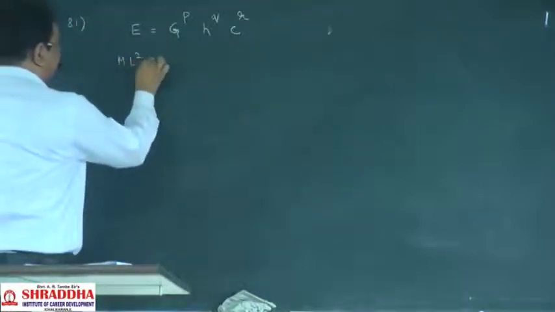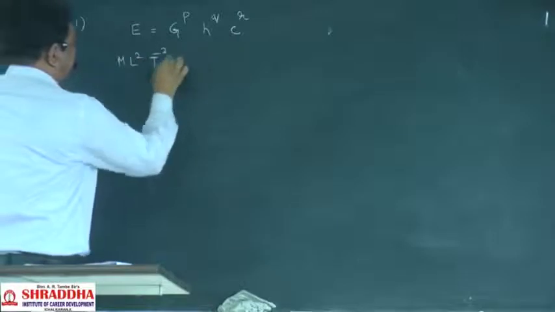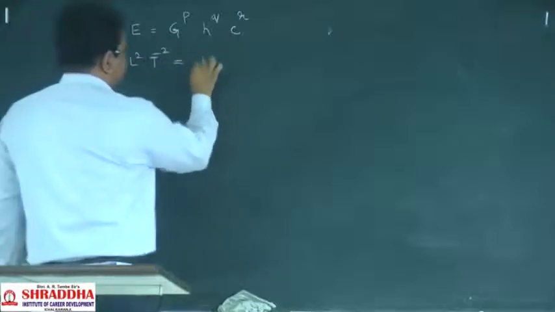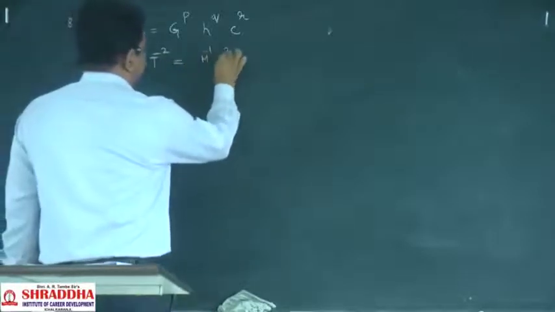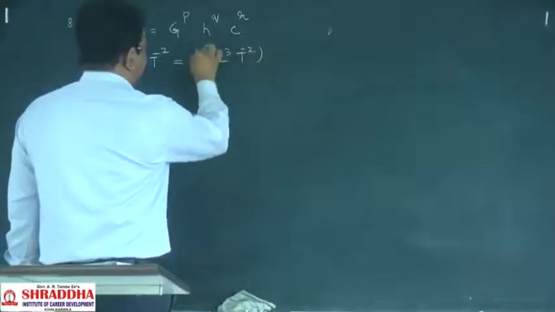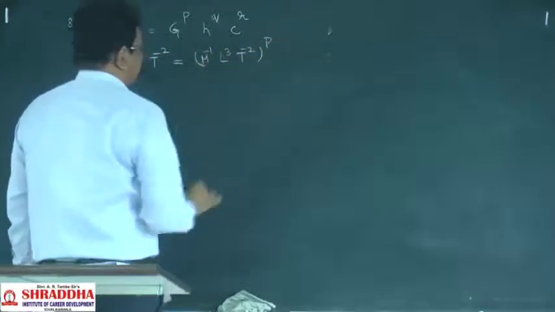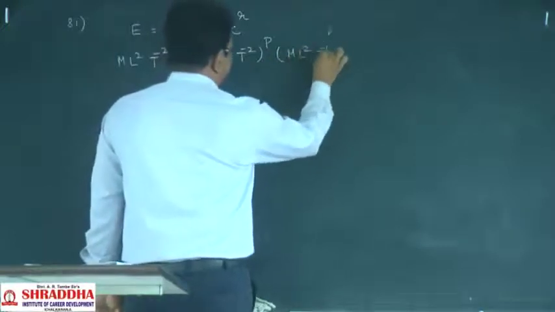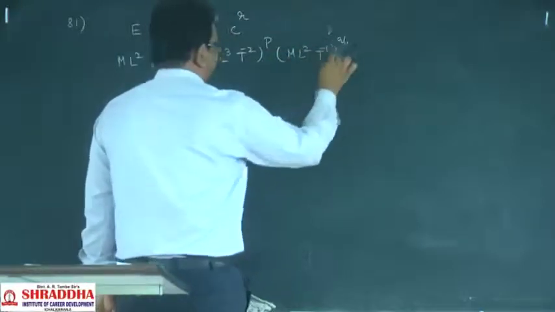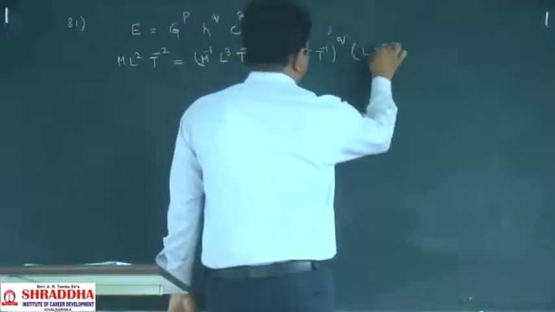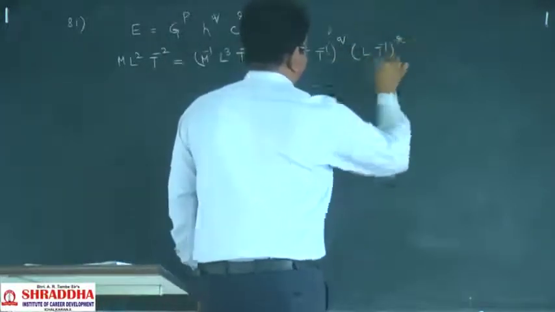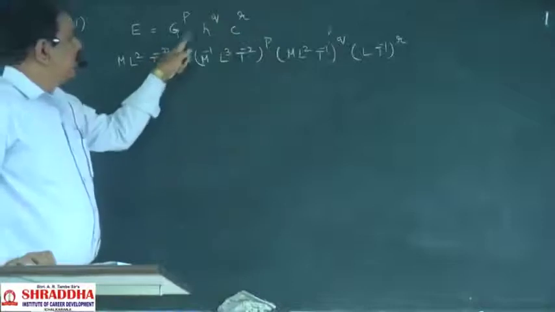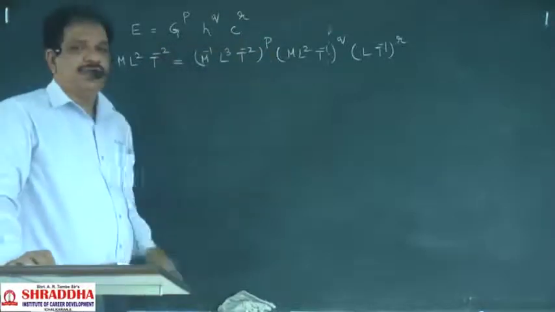Energy is M L square T power minus 2. This is M power minus 1 L cube T power minus 2, power P. This is M L square T power minus 1, power Q. This is LT power minus 1, power R. So we wrote the dimensional formula.